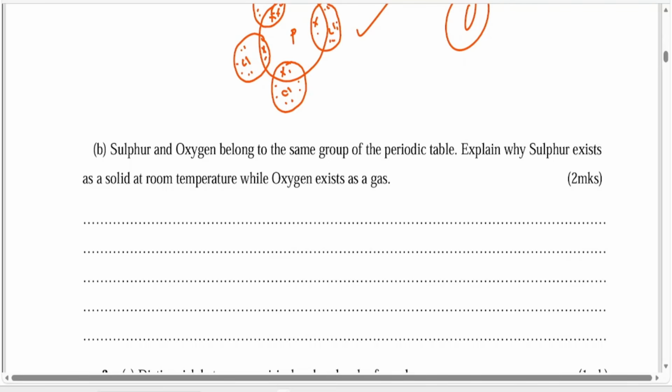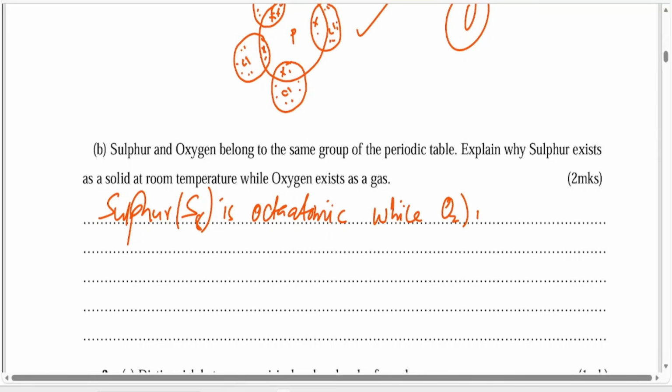So we say sulfur, which is S8, is octaatomic, meaning it is made up of 8 atoms, while oxygen is diatomic, and hence sulfur has stronger intermolecular forces.